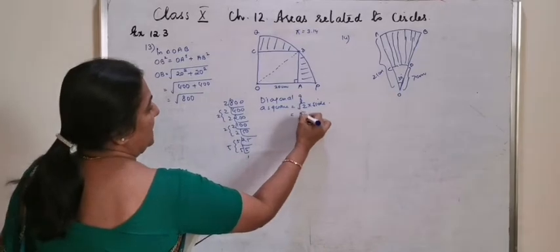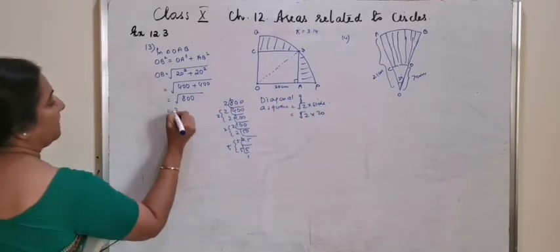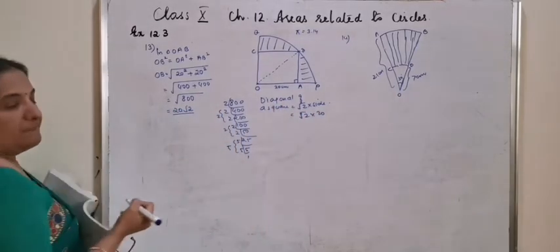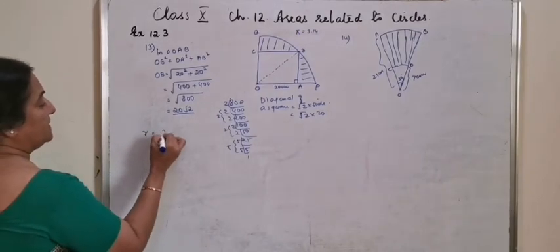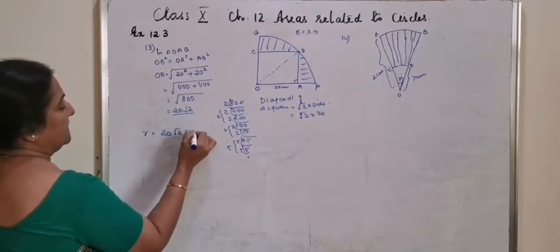The same as 20 root 2. That means the radius of the quadrant is 20 root 2 centimeter.